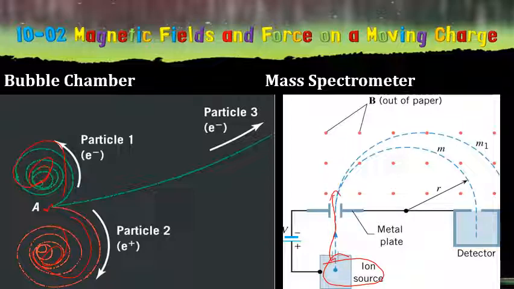They enter a known magnetic field, and we've given them a known charge as they come out. So we know the charge, we know the magnetic field, we know the speed, and so then if we measure the radius of their curve, because we have detectors over here, we can figure out their mass. From their mass, we can decide what type of atom they are.